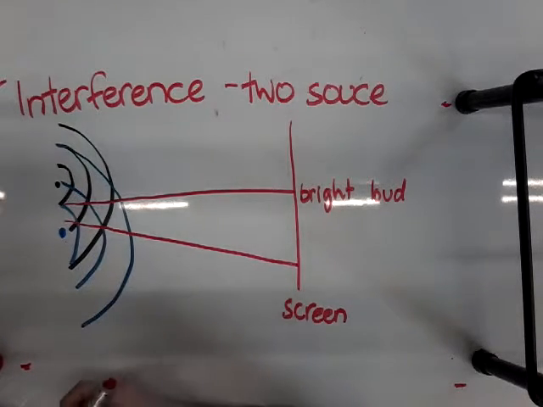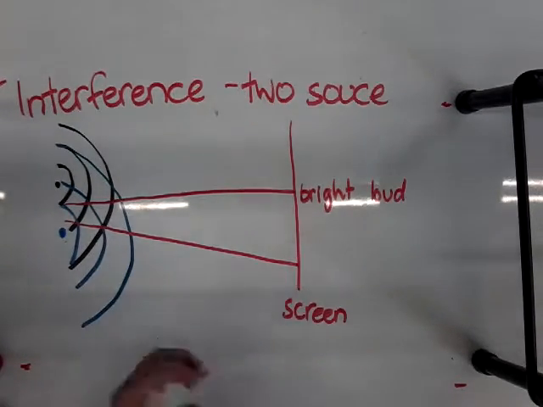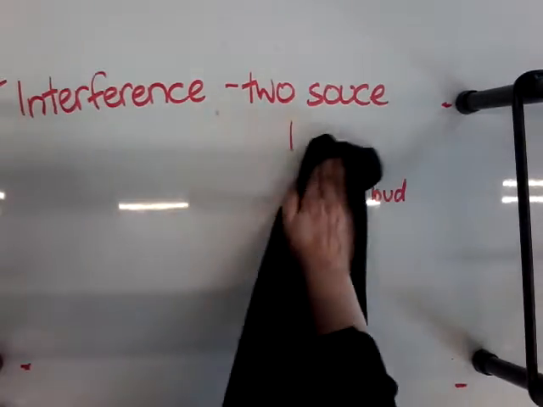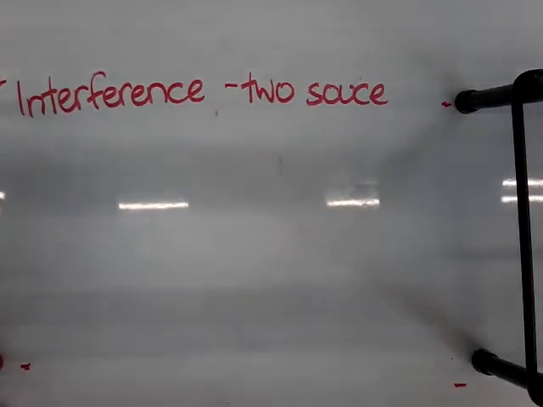Now last year you got introduced to the idea of path difference, and this year we're still going to use that same concept, but we're going to apply it in a slightly different mathematical way.